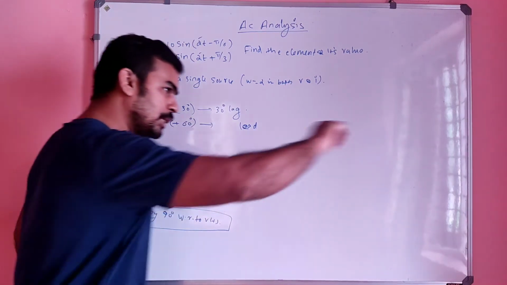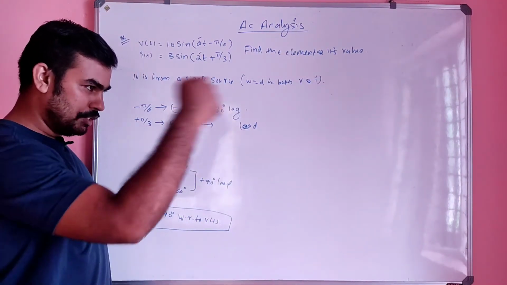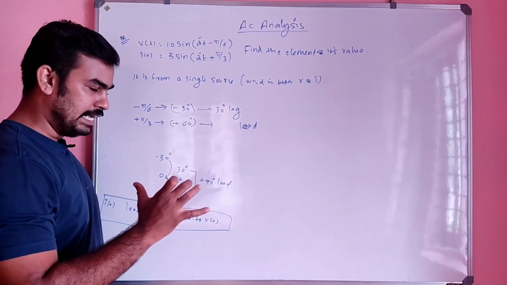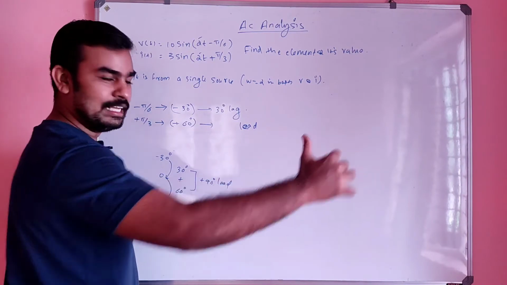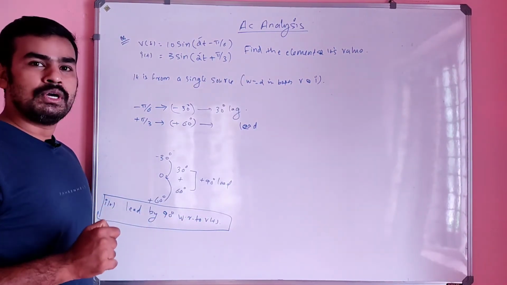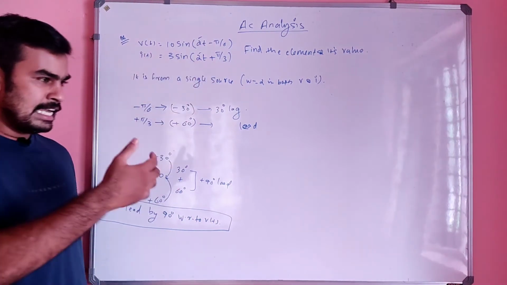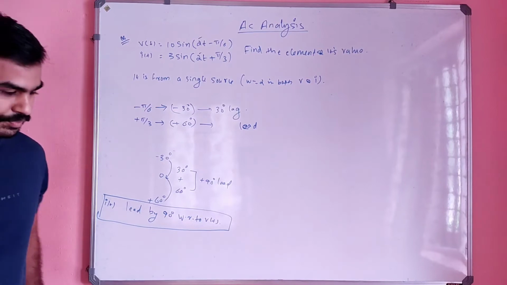So the total angle from minus 30 to 0 is 30 degree, then 0 to 60 you have to move again for 60 degree. So 60 plus 30, 90 degree, or the current I of t is 90 degree leading with respect to this V of t. Correct or not?